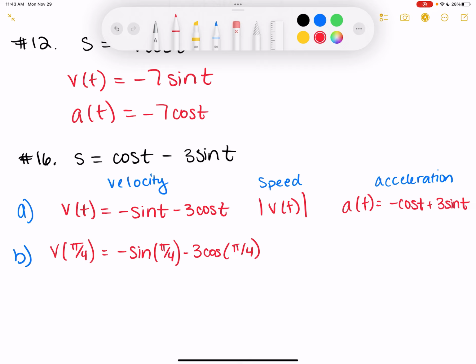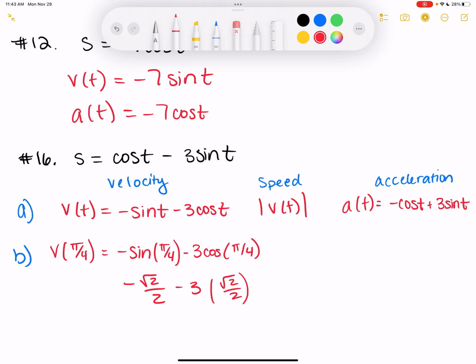Is it root 2 over 2? Okay. So negative root 2 over 2. Then minus 3 times, what's the cosine of pi over 4? The same. Also root 2 over 2.